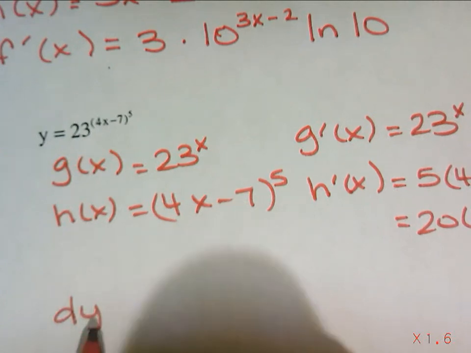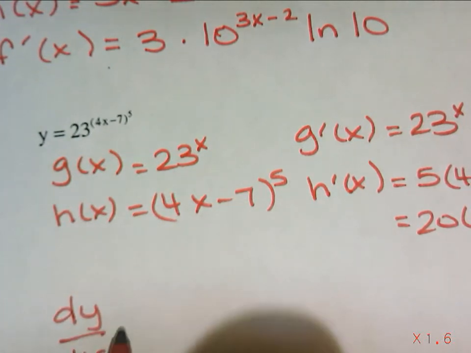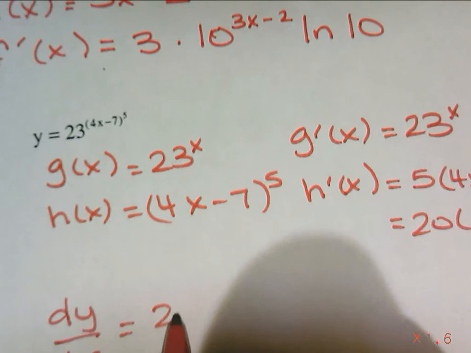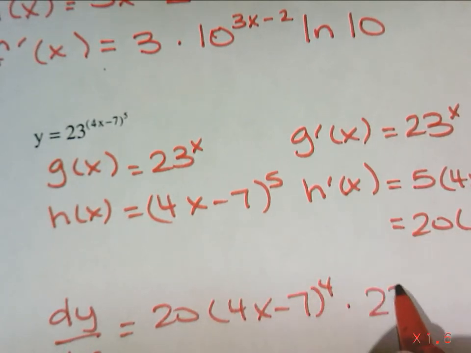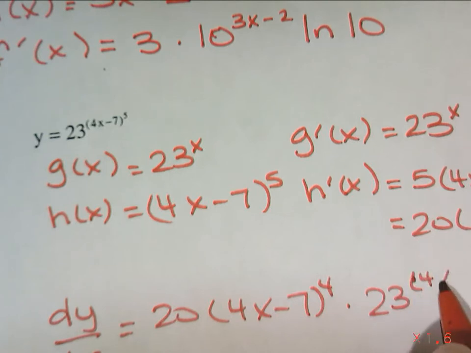Putting it all together, h prime times g prime of h of x.